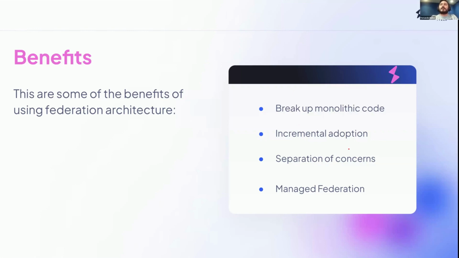So we could have an incremental adoption, and it's perfectly fine. And we are going to see that it is not as scary as it sounds. And also we have separation of concerns. Each subgraph or each microservice belongs to a business domain, and we don't have different business domains doing different things mixed up in the same server.